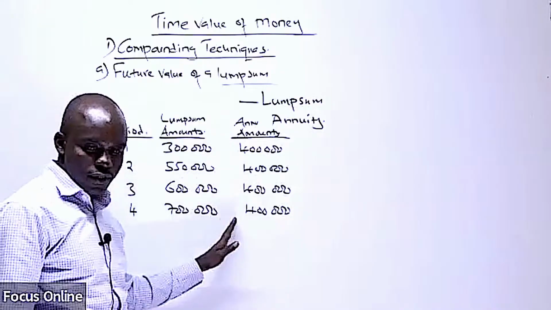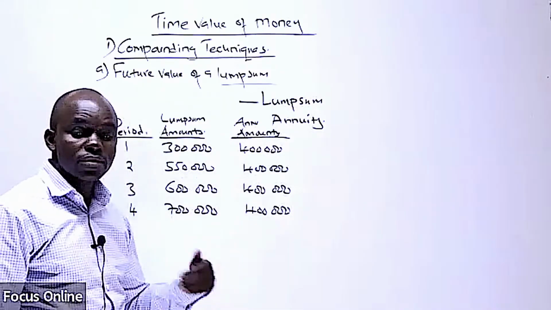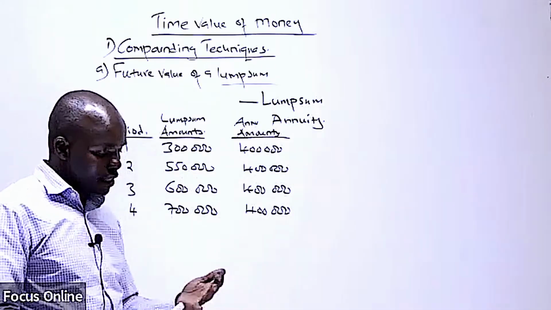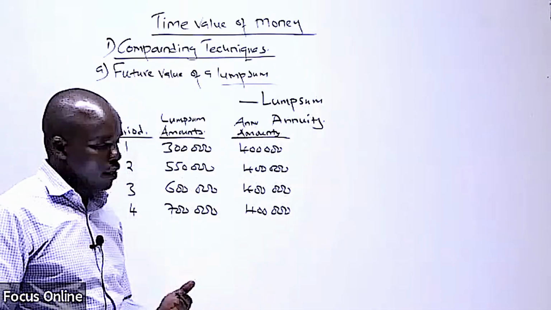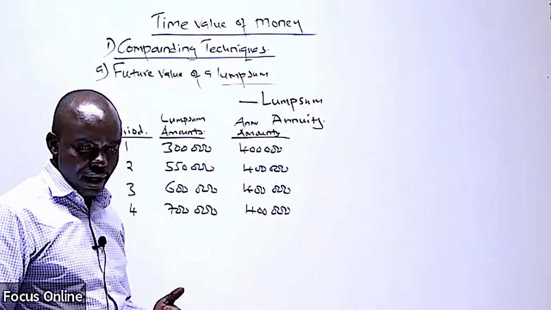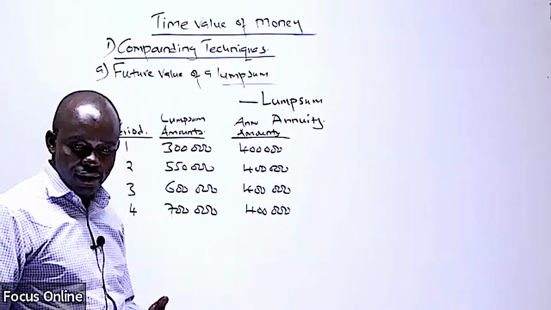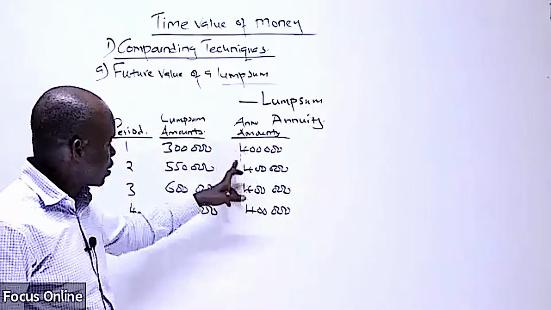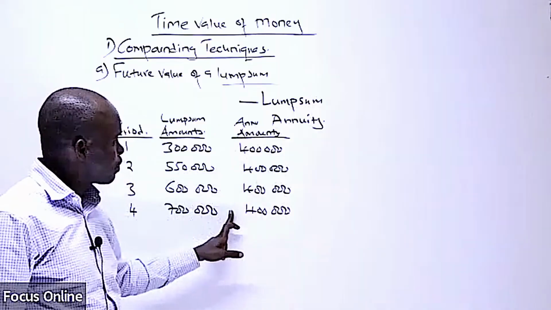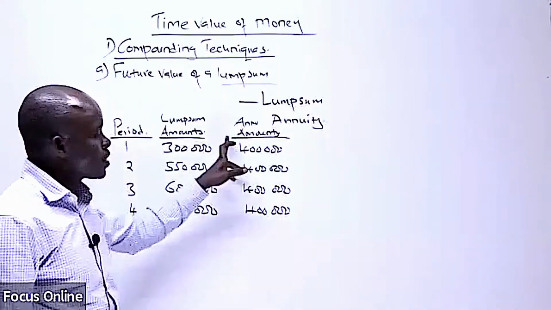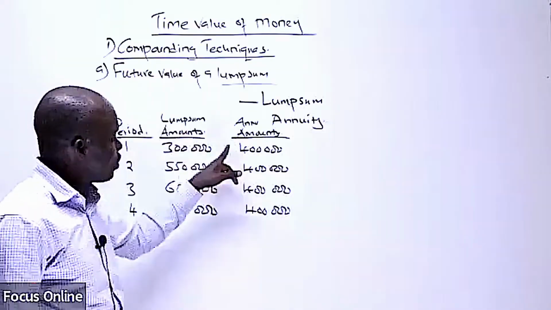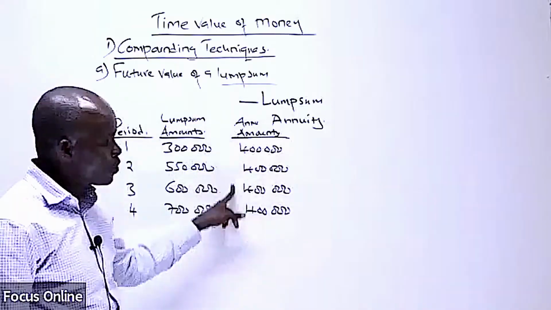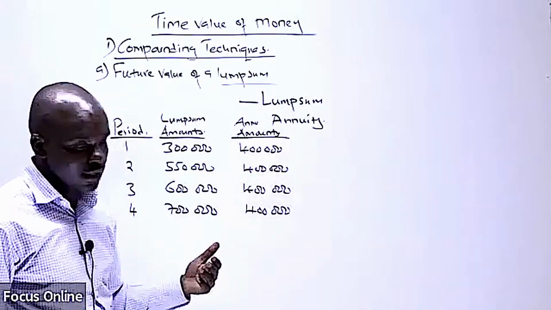When we say regularly, we mean monthly, weekly, semi-annually, yearly, or quarterly. Every month you're paying or receiving 400,000, that is an annuity. Or each year you're paying or receiving 400,000, that is an annuity.